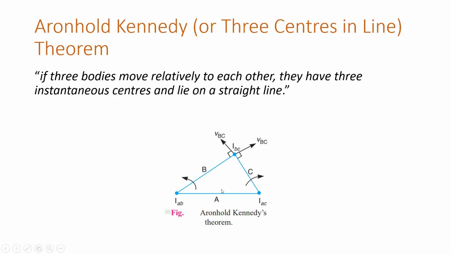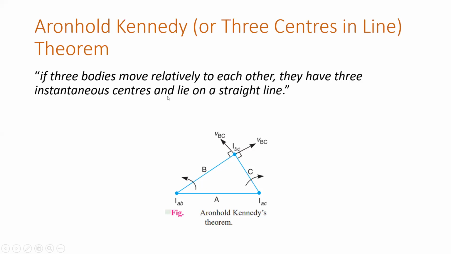So how many combinations can we make? A with B will be one combination, so its ICR will be IAB. A with C will be a combination, so the ICR will be IAC. And B with C will be a combination, so IBC. There will be three ICRs.